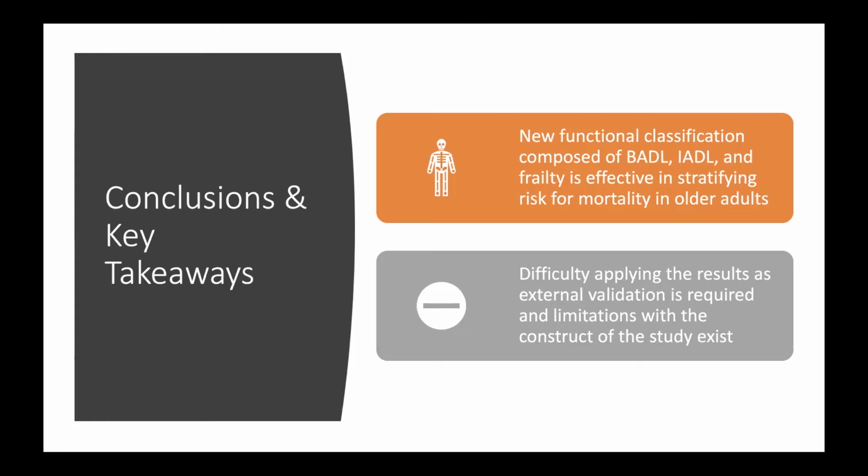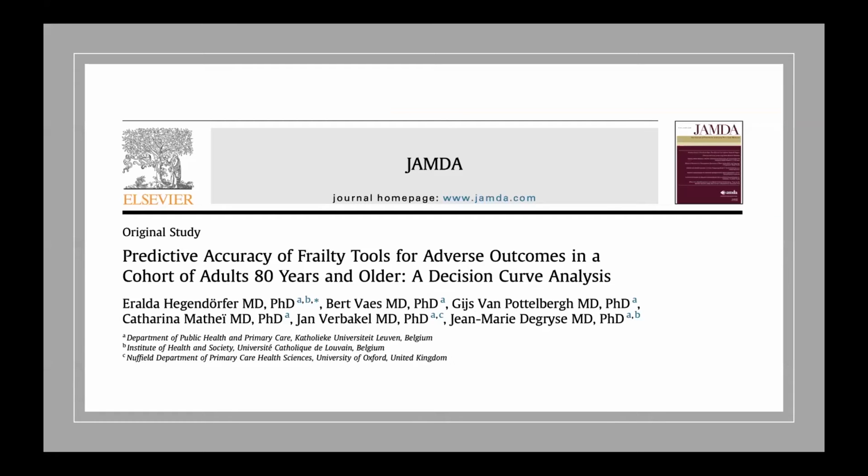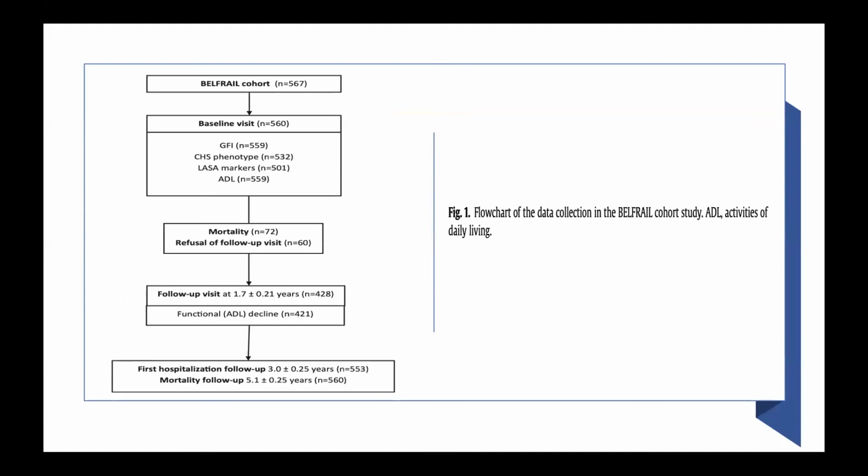So that's something to take into consideration, especially as we move into the third paper, which is predictive accuracy of frailty tools for adverse outcomes in a cohort of adults 80 years and older. If you read through this study, you'll see that they refer to themselves as the Bell-Frail study, because it was based in Belgium.